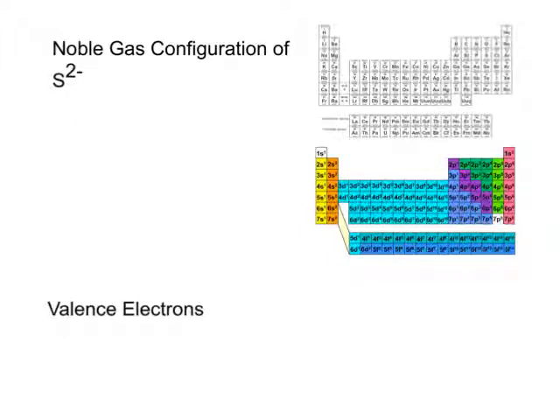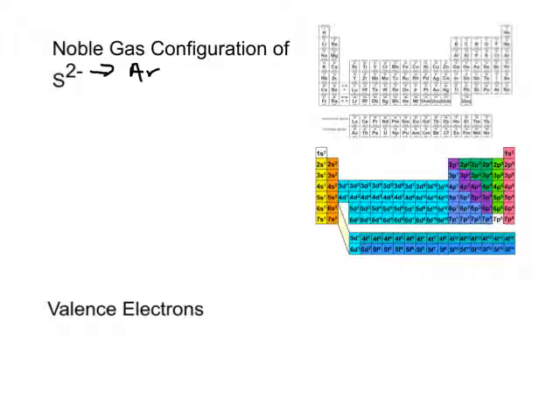Another example of an ion, in this case I have a negative ion, so it's sulfur 2-. Here's sulfur on the periodic table, but I'm going to be doing this as if I've gained 2 electrons, so I'm really going to be pretending that this question has asked me to write the noble gas configuration of Ar.